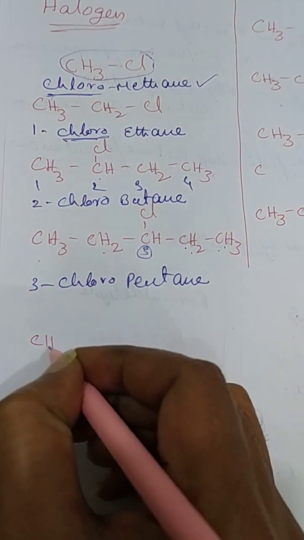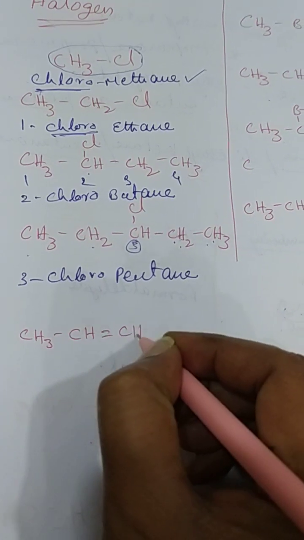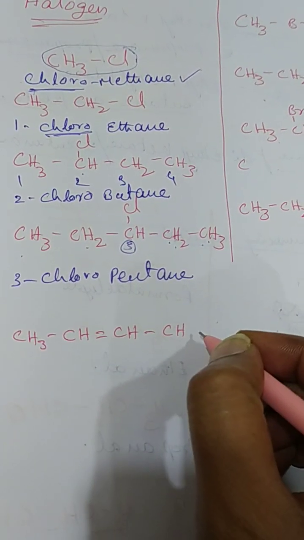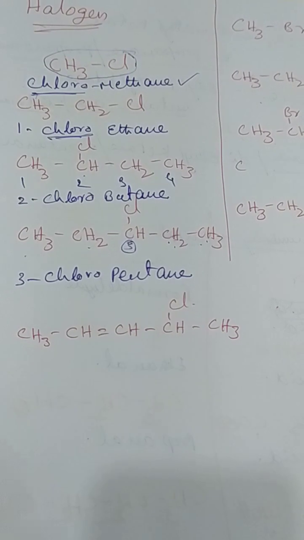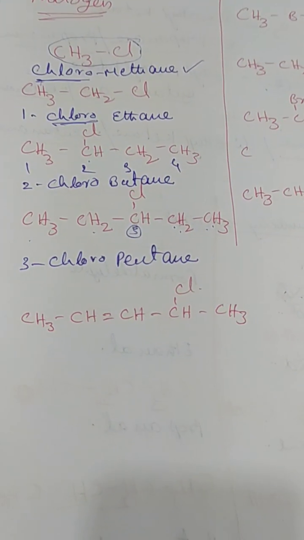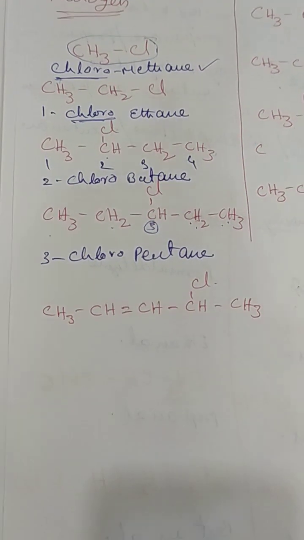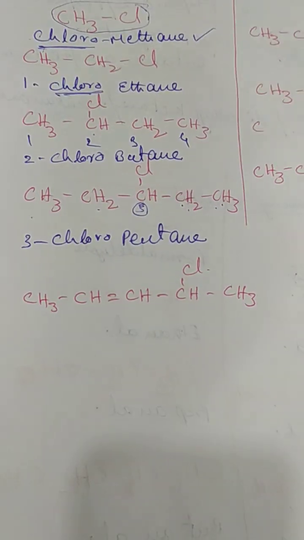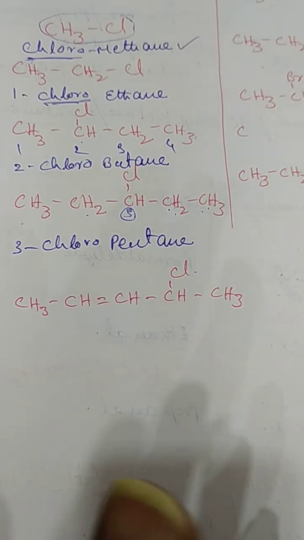If you have a compound like CH3, CH, double bond, CH, CH3, Cl, like this, then how will you give a nomenclature to this compound? This is very important. Different numbers will come here.